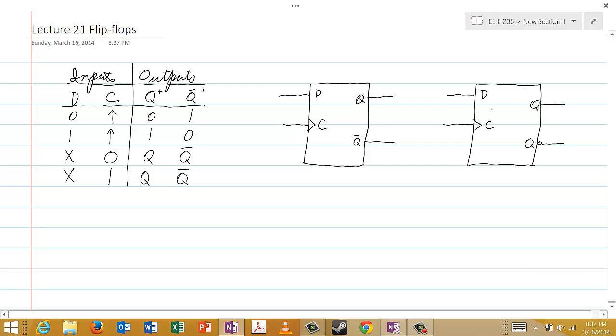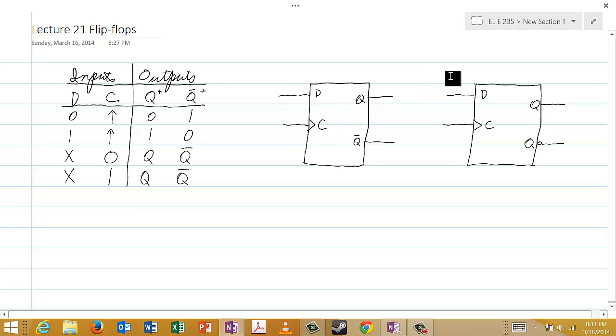Notice that the only difference between these two is that over here on the second one we have this bubble, and both of the outputs are labeled Q, but then we have the bubble to invert this second output, whereas over here we just have Q and Q complement.